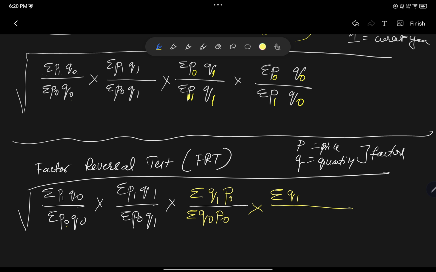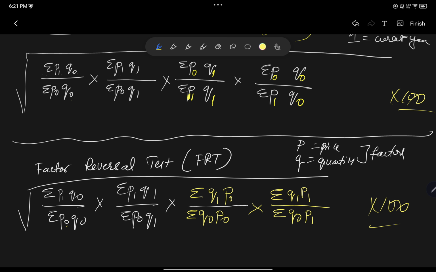Q1. Q1 is there, we need to write P1. Summation of P0 is there, we need to write Q0. Q1 is there, we need to write P1. So this is what we call the factor reversal test. After that, into 100 is constant because we need to denote it in percentage. Fine.